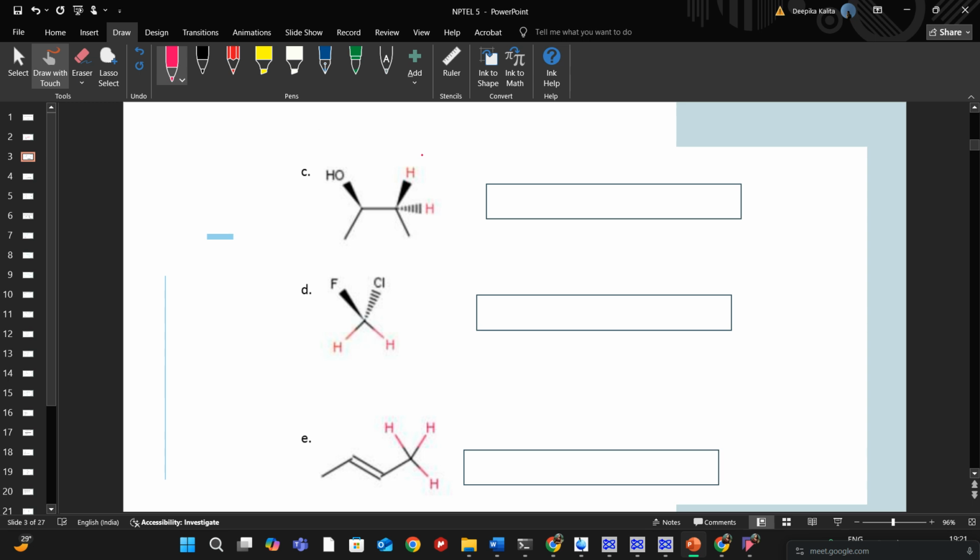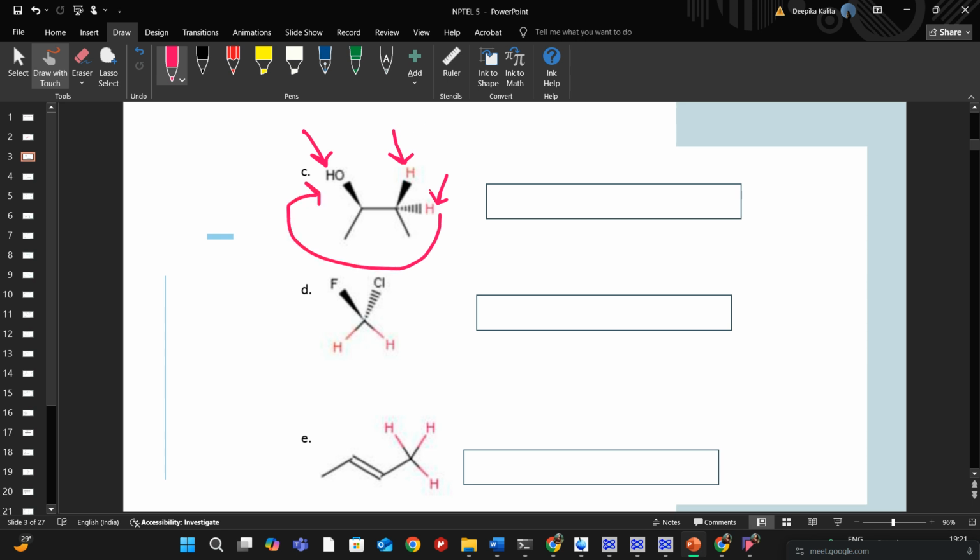So in this first example, if you look at this particular proton, it is having a hydroxyl substituent on the adjacent carbon, and these two are lying on the same face. Whereas the other proton is lying on the opposite face, and it is away from this hydroxyl group.